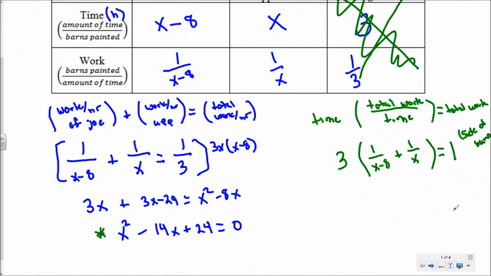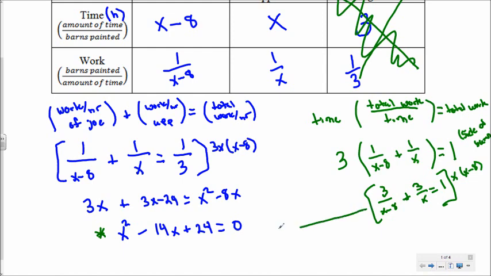Okay, but just notice what happens. If I distribute this 3, I get 3 over x minus 8 plus 3 over x equals 1. And if I do that same transformation I did in the previous example, multiply by its LCD, x times x minus 8, you can verify this for yourself, but after distributing that, you will end up with this exact same quadratic equation.